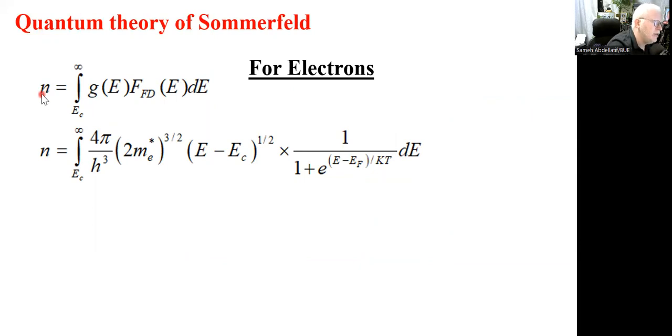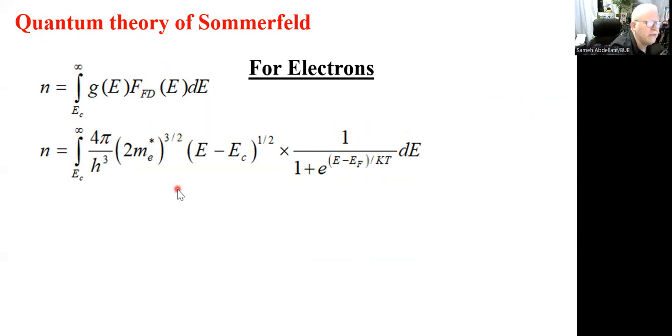For example, to calculate the number of electrons, again, electrons are defined in the conduction band only. So n equals the integration from EC to infinity of g of E times f of E. Again, this is the density of states in the conduction band times the probability of finding an electron.